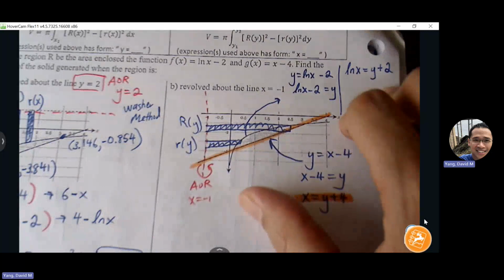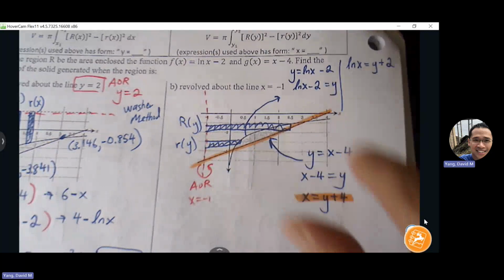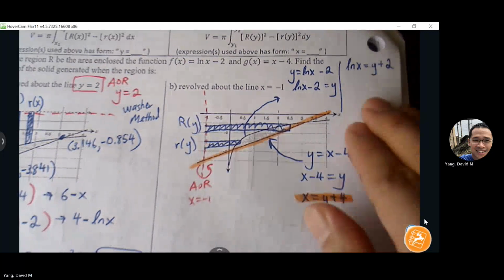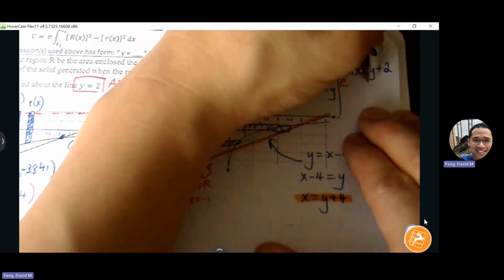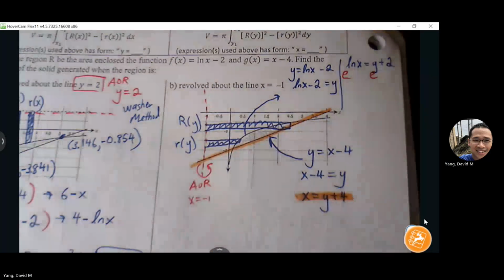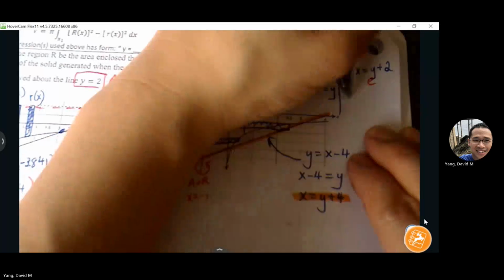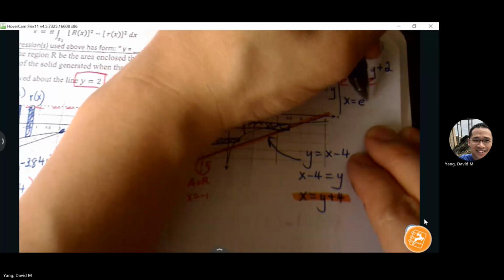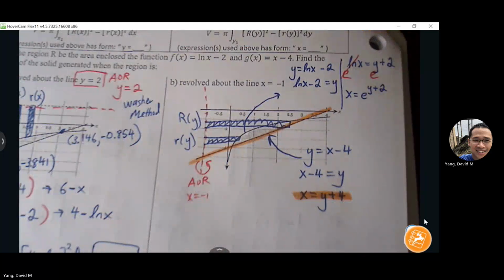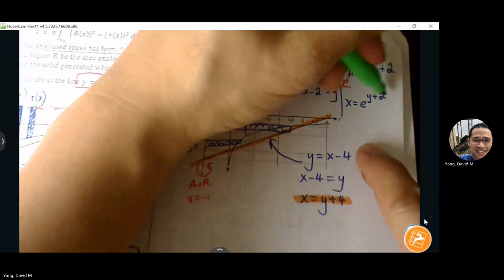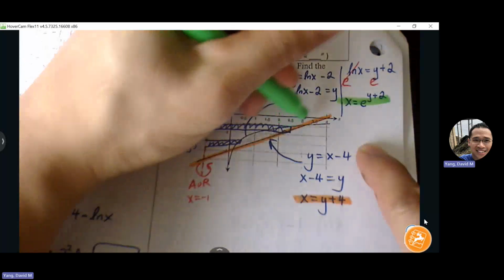I want to solve for x. X is stuck inside that natural log, so what can we do? Raise both sides. E is the base. E and natural log will cancel each other out. My graph in green.